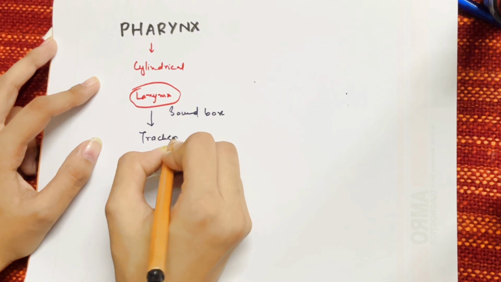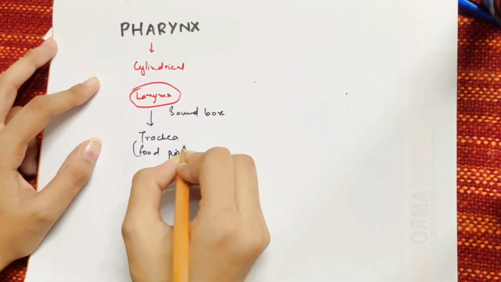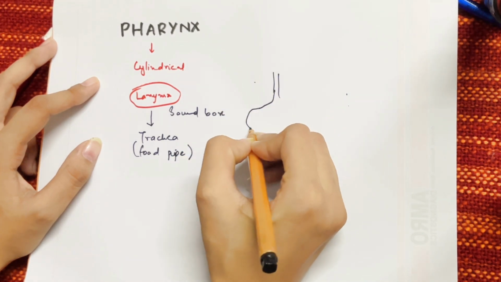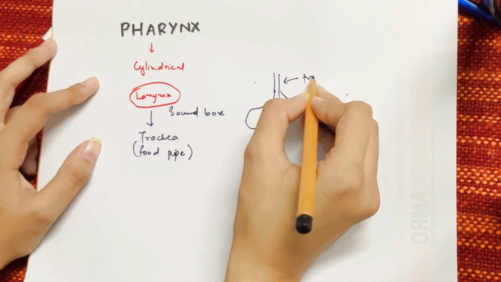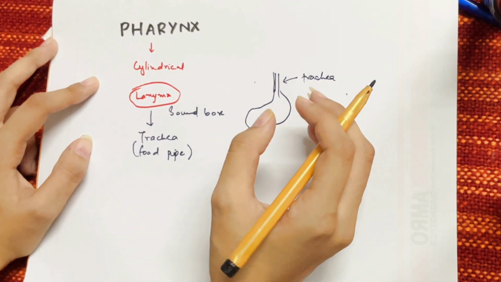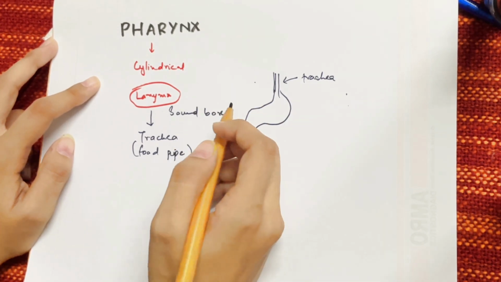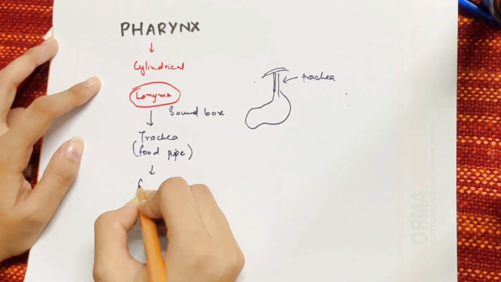Trachea is also commonly known as the food pipe, through which the food and other molecules are transferred into the stomach. This food pipe is internally lined with a mucin membrane that helps keep the food moist. Then it is covered with a slit known as the glottis.